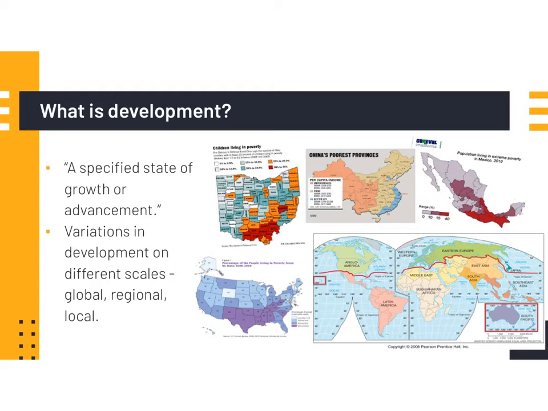Now, I guess you could have a poor country with a lot of factories, but for the most part, that's only part of the equation. Development is more than just the factories. It's also how the people are living within the country. You could have a country like China with a lot of factories, but there are parts of China that aren't very developed, and we're going to look at that right here with these maps.